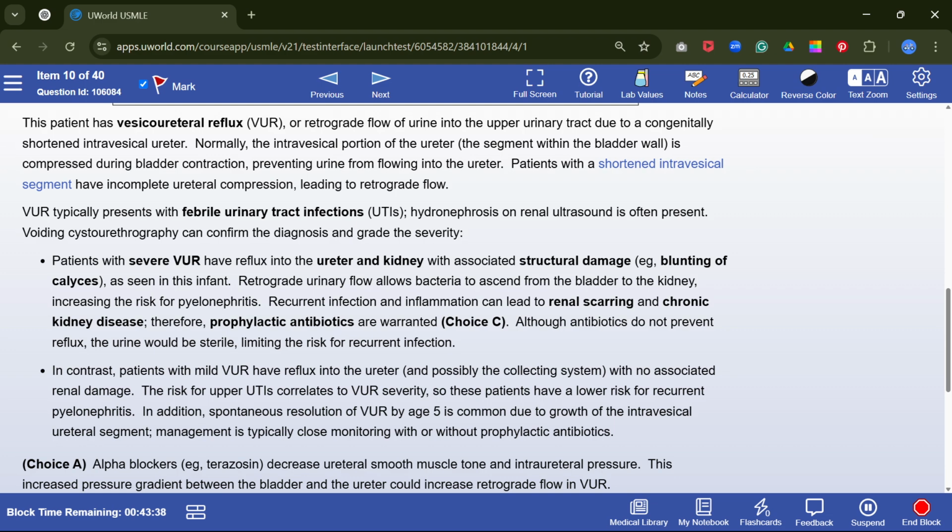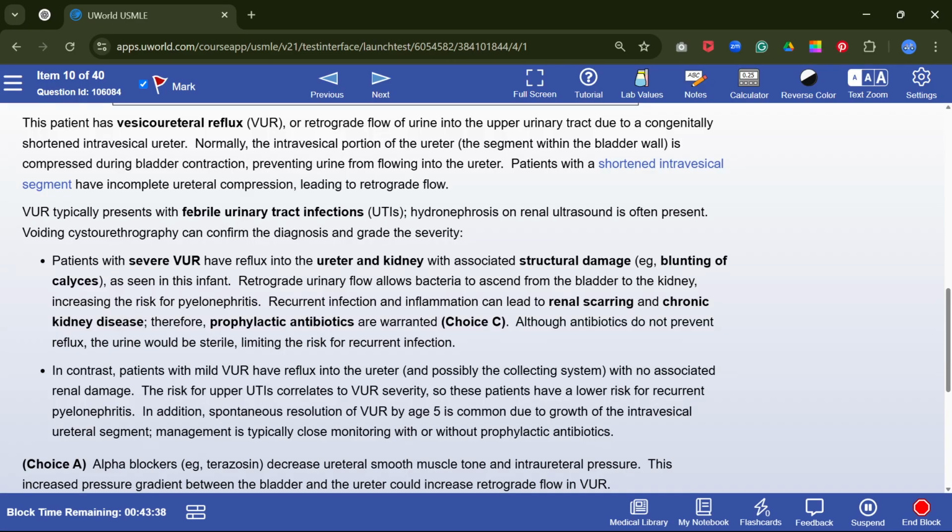In contrast, patients with mild VUR have reflux into the ureter and possibly the collecting system with no associated renal damage. The risk for upper UTI correlates to VUR severity, so these patients have lower risk of recurrent pyelonephritis.